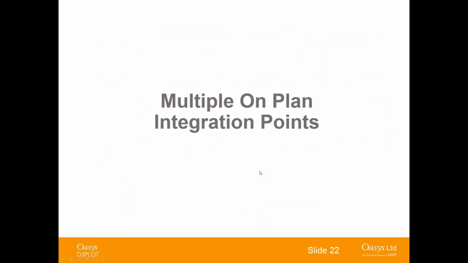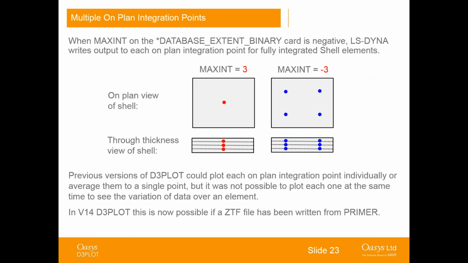Okay, let's carry on. The next change is multiple in-plane integration points. If you set MAXINT, the maximum number of integration points, on the database extent binary card, and it's positive, then Dyna will set the maximum value to, in this example, 3.